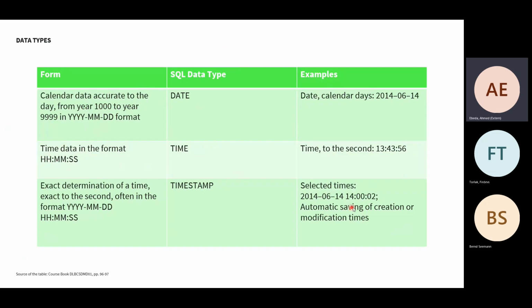It's an automatic saving of creation or modification time. If a transaction is happening, you just get the timestamp from the device or the computer which the database is running on.